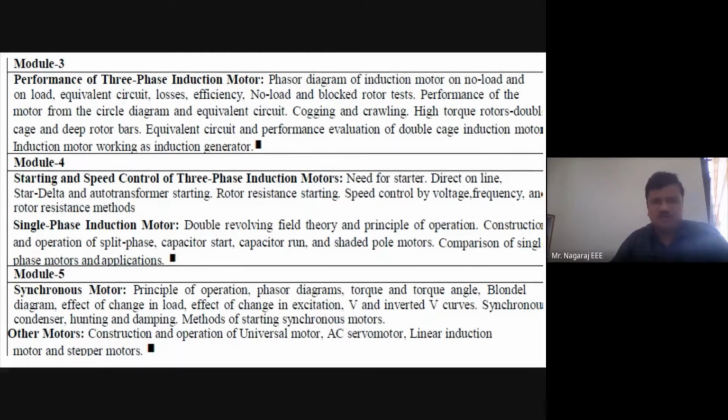I will not deal with what we are doing in detail, only I will just show the topics we are dealing with. In second part of module 4, single phase induction motors. In module 5, synchronous motors. Other motors include the special motors which are used for special applications like stepper motors, servo motors, linear induction motor, universal motor, all these things.